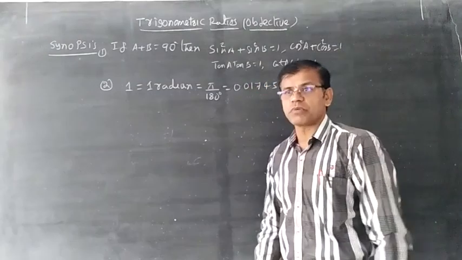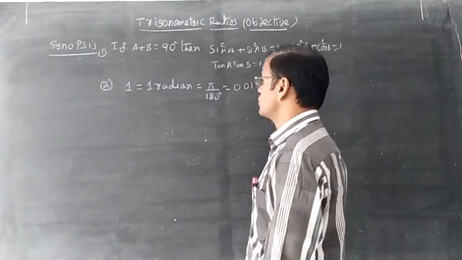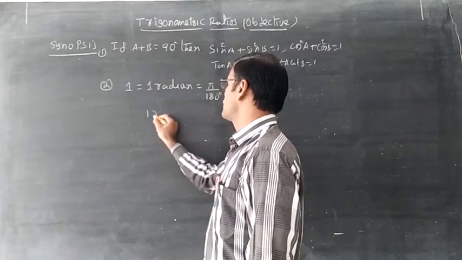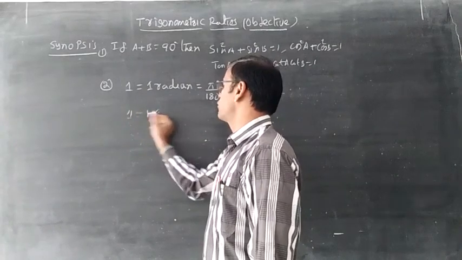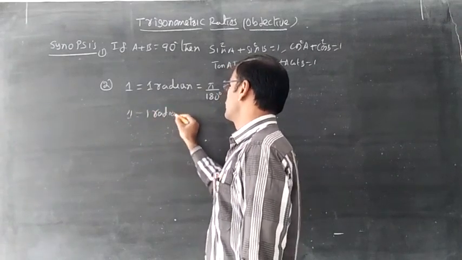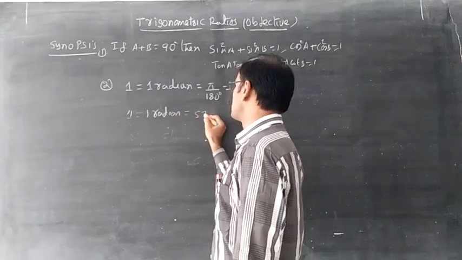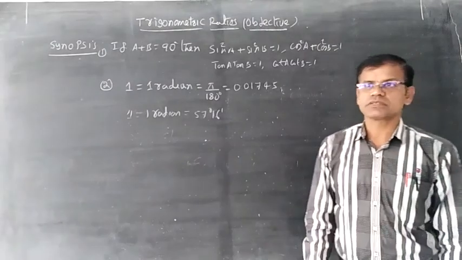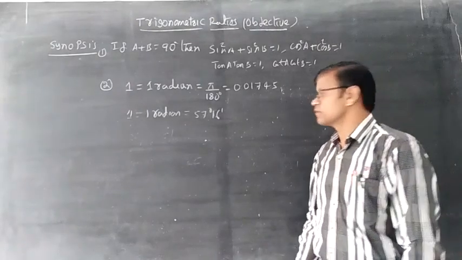By calculation of pi by 180 we will get the value 0.0175. 1 radian you can understand as 57 degrees 16 minutes.